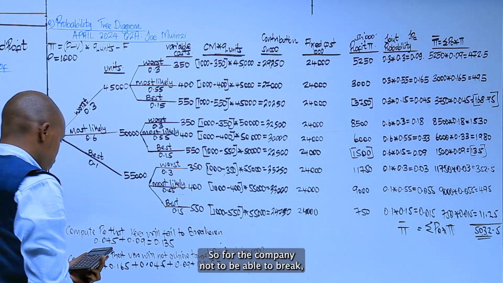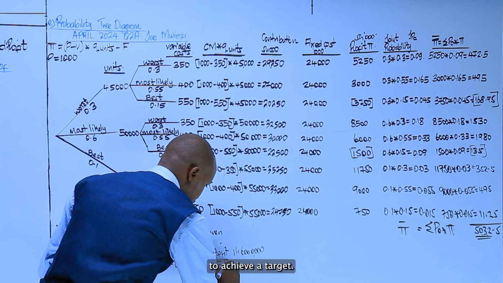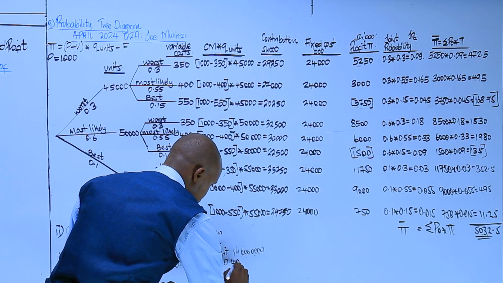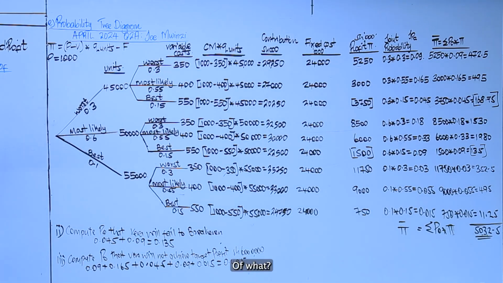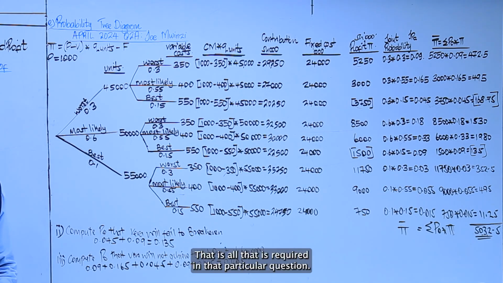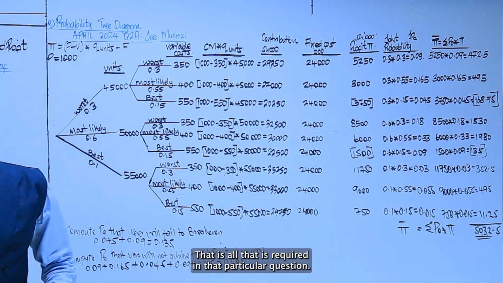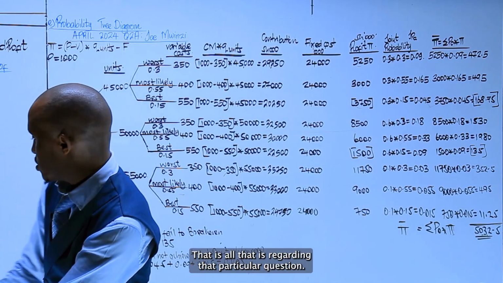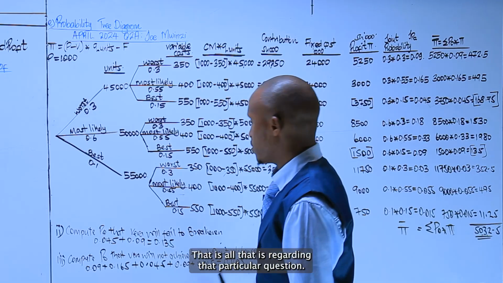For the company not to be able to achieve a target of 6 million profit, the probability is 0.405. And that is all that is required in that particular question.